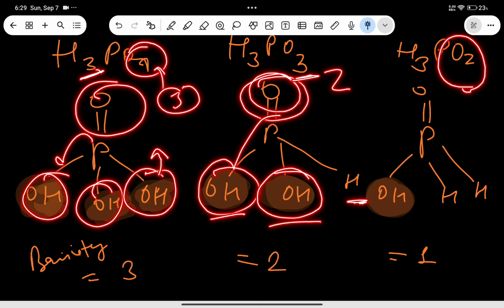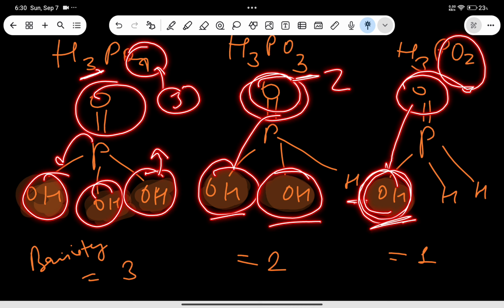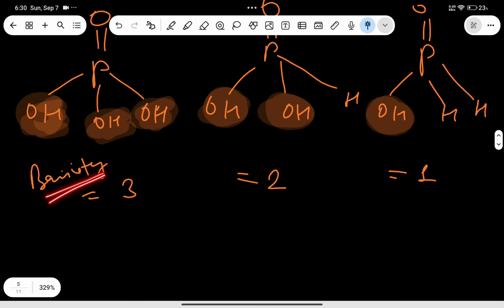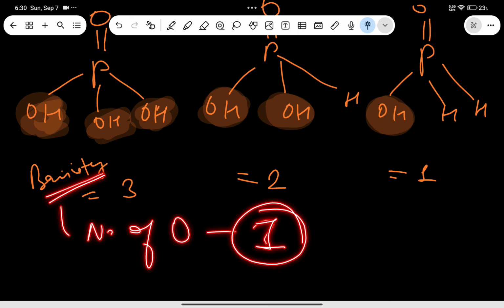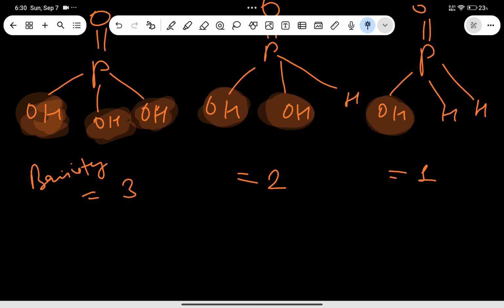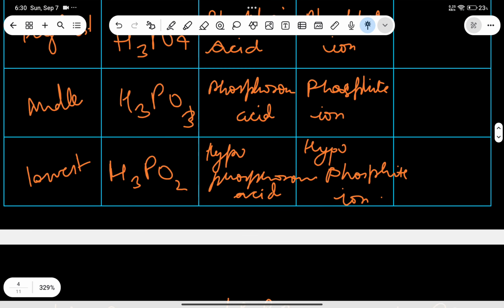Similarly, one oxygen would be engaged here also in the double bond formation, and one oxygen would be engaged in attaching hydrogen. So it depends on the number of oxygens that are free. So we can understand by that formula that the basicity would be the number of oxygens minus 1, because one oxygen would be engaged in the double bond. So I think you understood this point, and you can understand the trick as well.